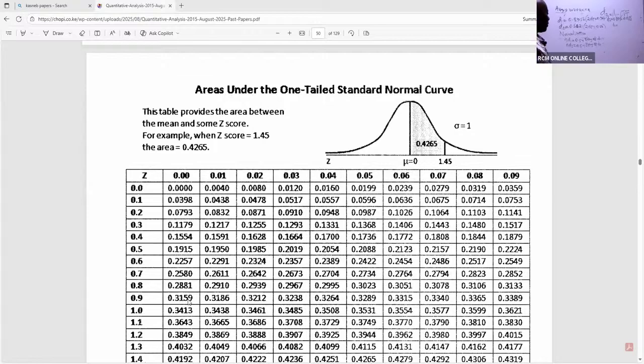So this will be 0.5 plus 0.3159. D1 is the same as the Z score. And then you can see ND2 is 0.5 plus entry of D2, and the D2 is 0.54. Are you able to see it here?